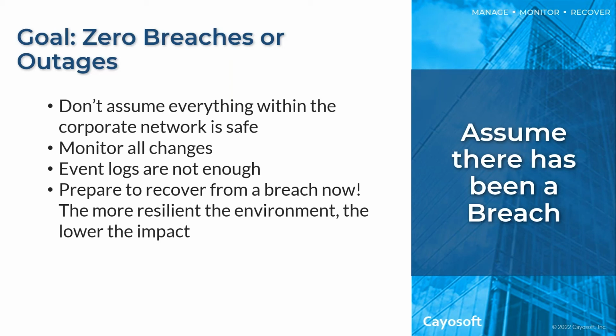I think that's what we have to do: assume one's there and go about looking for those, and also do things to harden your environment so that it's more resilient, because that'll lower the impact of any kind of breach. And if there is a breach that results in an outage, be prepared to recover from that outage as quickly as possible. As we saw, most people believe that it will stop your business from functioning and cost you a lot, and you'll lose data.